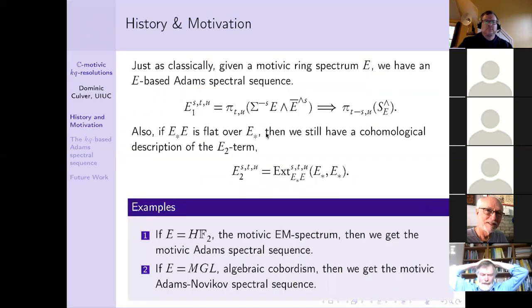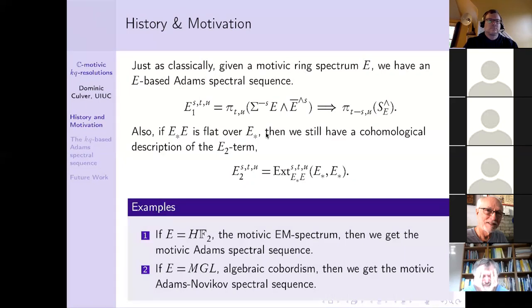So there's all this structure here. And one of the things is that given a motivic ring spectrum E, you can write down an E-based Adams spectral sequence in exactly the same way I did in classical spectra. And you're also going to get this nice homological description of the E2 term under the same sort of hypothesis, namely that E star E is flat over E star.